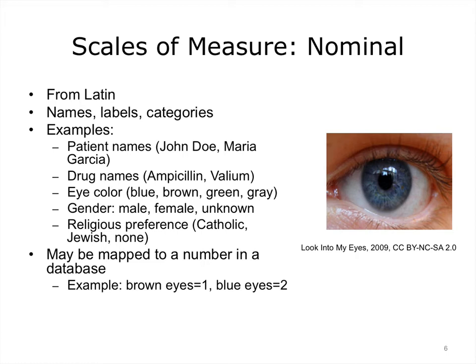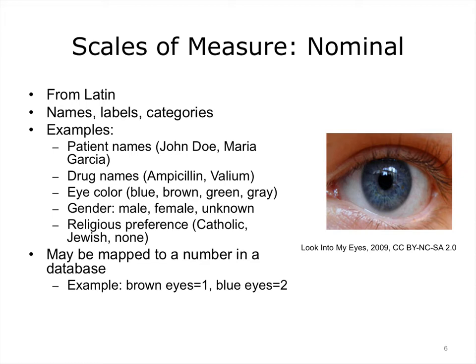Dictionary.com defines nominal as a discrete classification of data in which data are neither measured nor ordered, but subjects are merely allocated to distinct categories. That is, they are named. So, data that are considered nominal are names, labels, and categories.